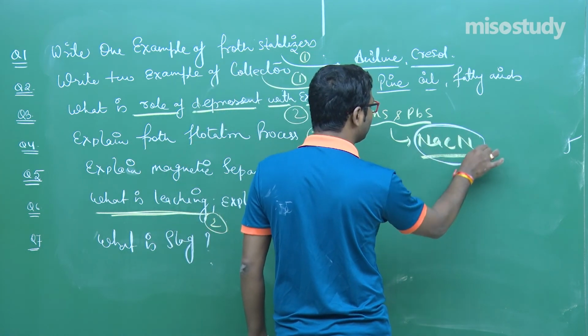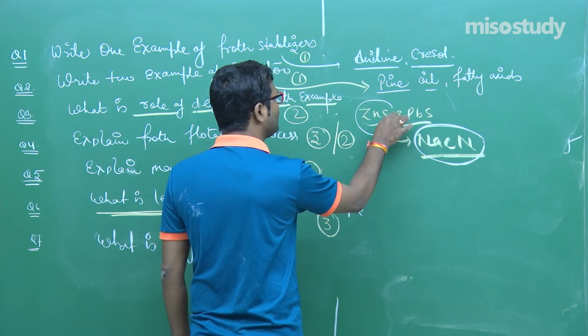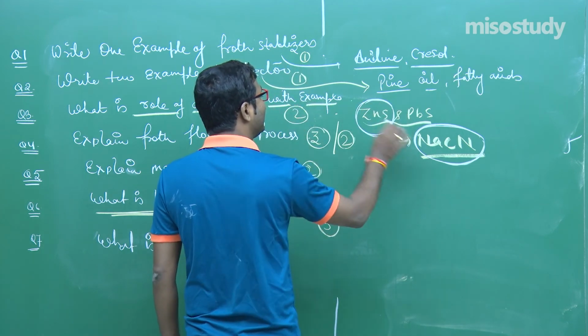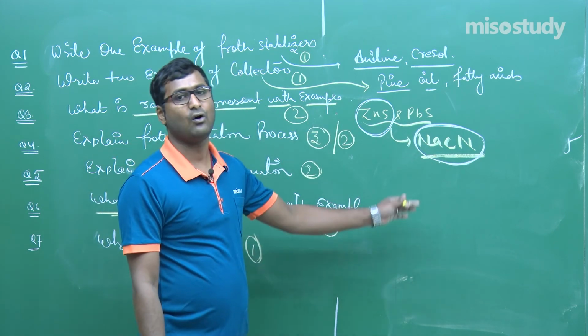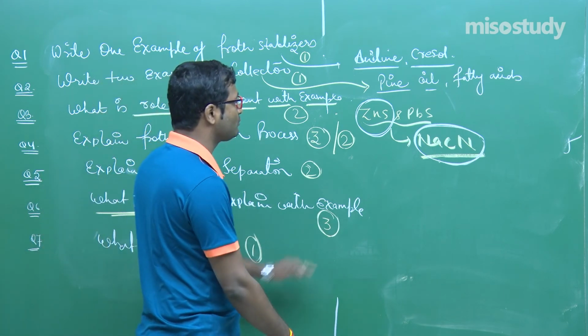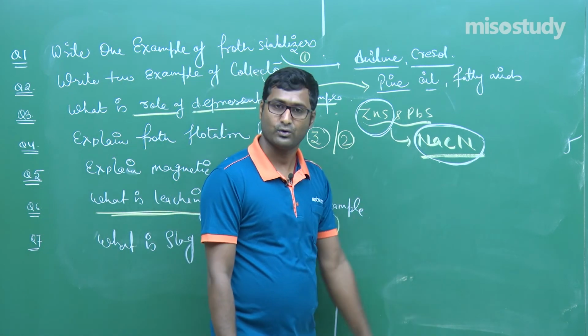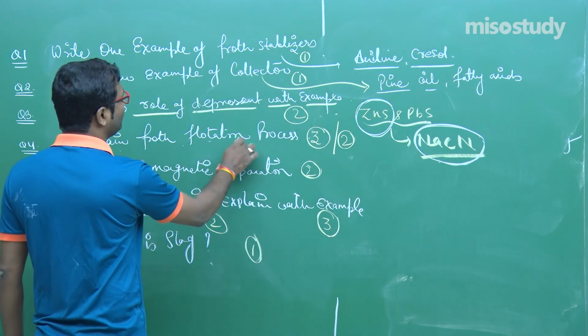NaCN reduces the frothing action of ZnS, my friend. That is, a depressant reduces the frothing action of the ore, and it is generally used to separate different sulfide ores. Clear to you?